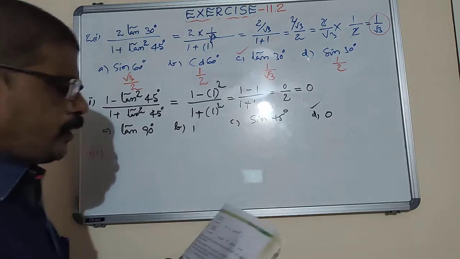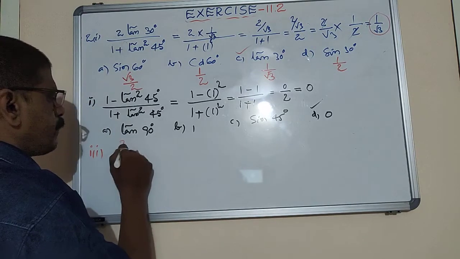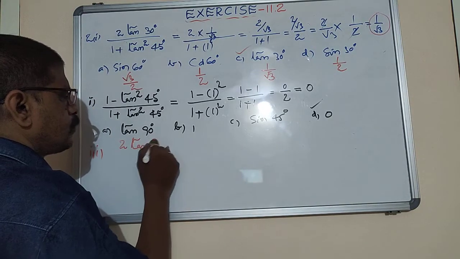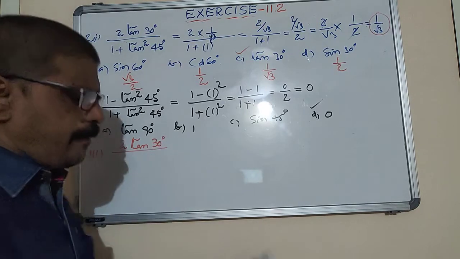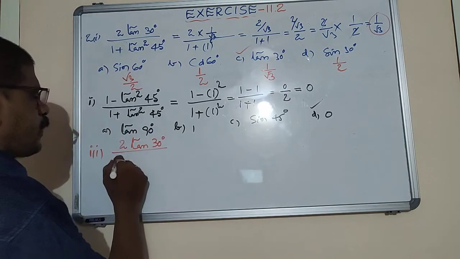The third question: 2 tan 30 degrees whole by 1 minus tan square 30 degrees.